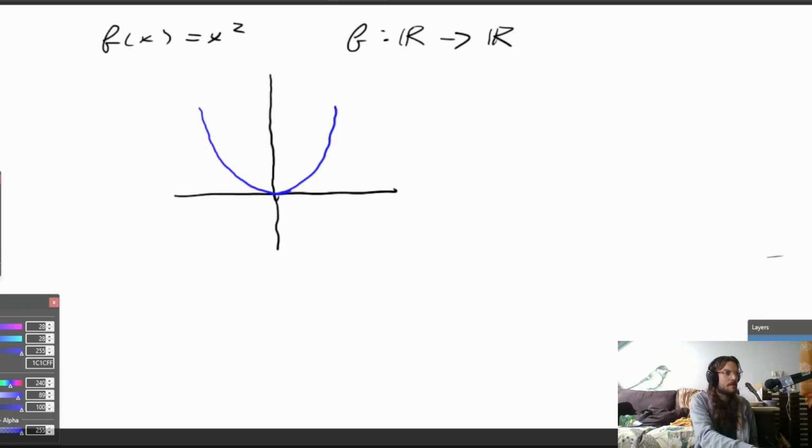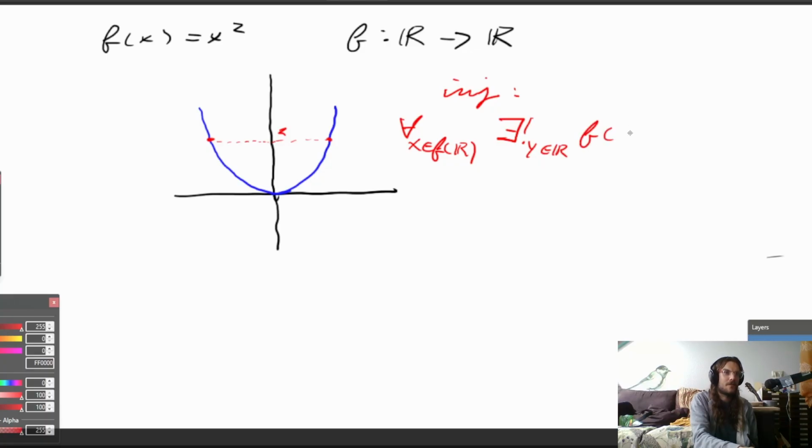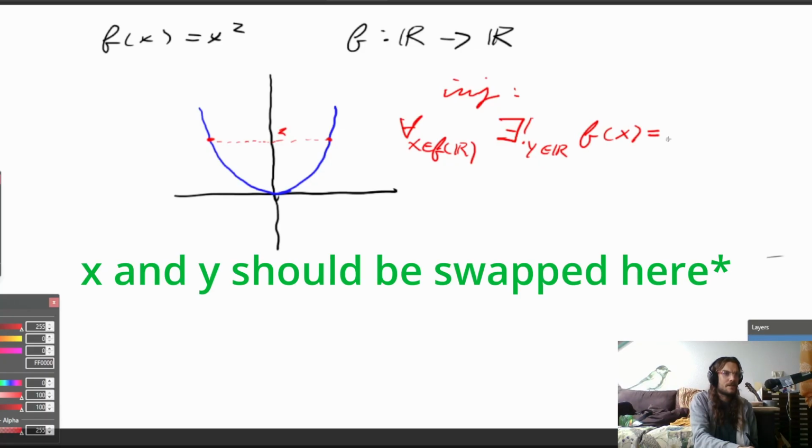Why not? Because if we look at the output point 2, for example, let's say this is 2, then we see that it's actually hit twice. So if we remember injective, I'm doing that first. If we think about what injectivity means, it's said for all x in the domain f of R, there is only one y in the range R for which f(x) equals y.